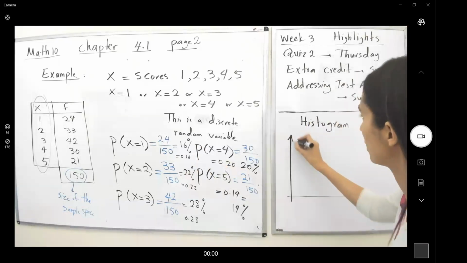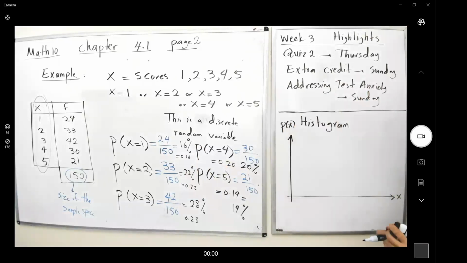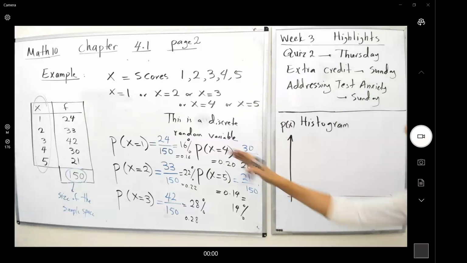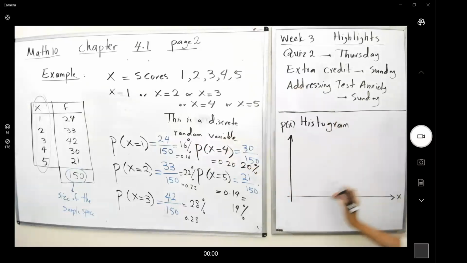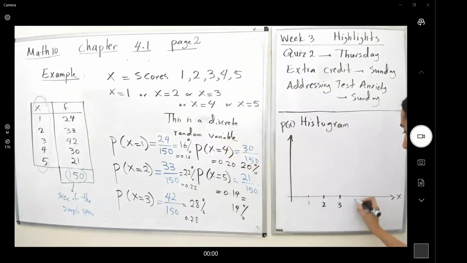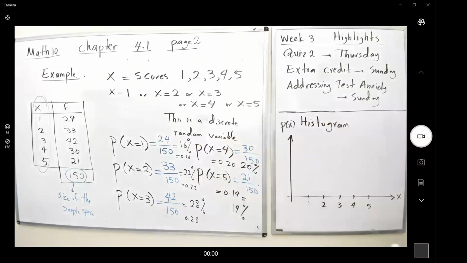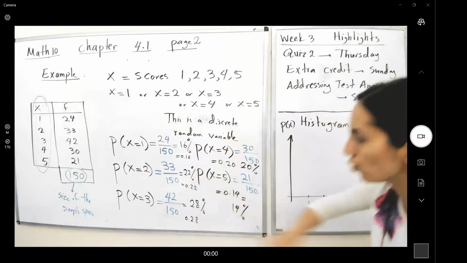P of x. Okay, let's try to scale this so we're going to have a nice histogram. We know that our x ranges between 1 to 5. So x can be 1, 2, 3, 4, or 5. We have 5 counts, a discrete random variable, and the maximum percentage that we have is actually 28%.